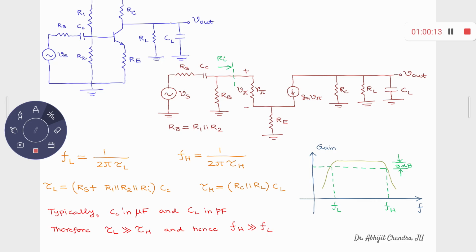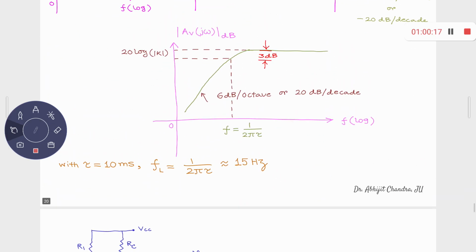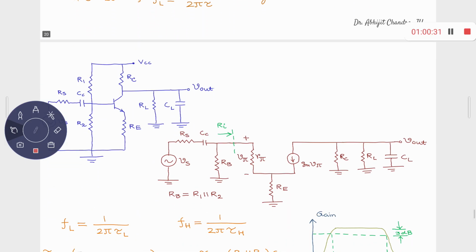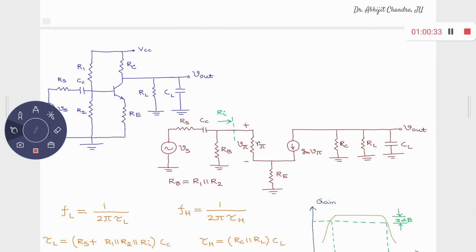Coupling capacitor will give you, if I just once again go back to the circuit, this is the effect of the coupling capacitor. What is that? This is a high pass nature. As frequency increases, the effect of the capacitor will become insignificant. But at low frequency, the capacitor is very much significant. And here the load capacitor is there across this output.